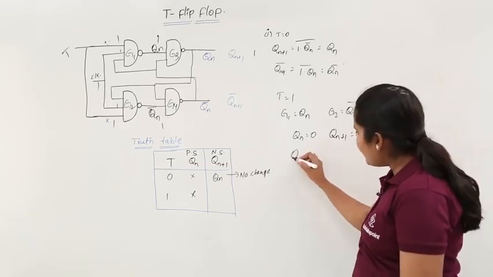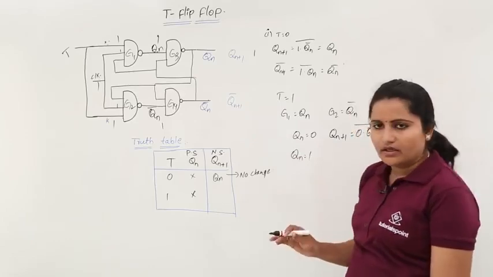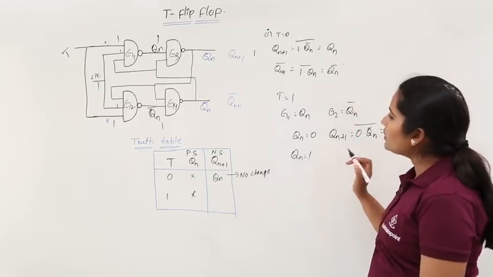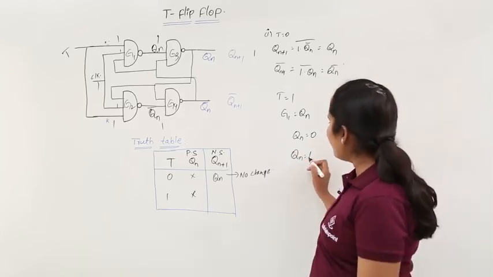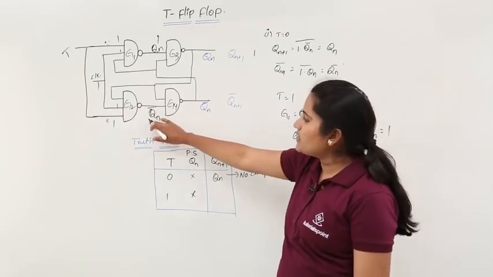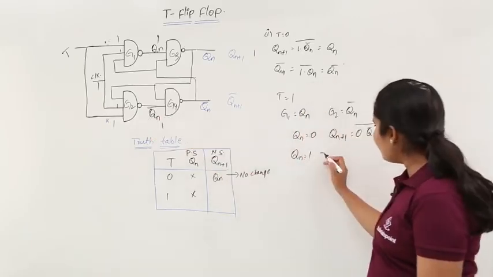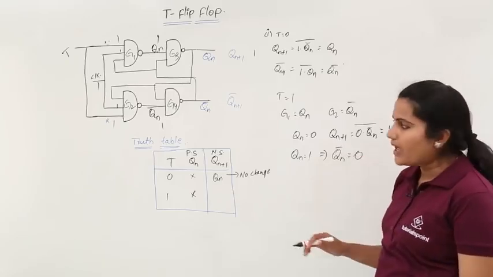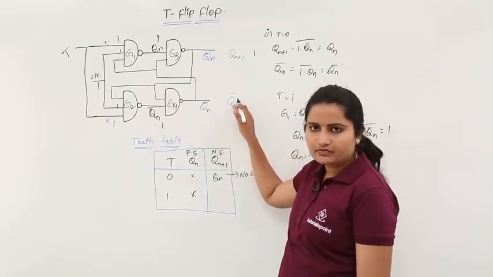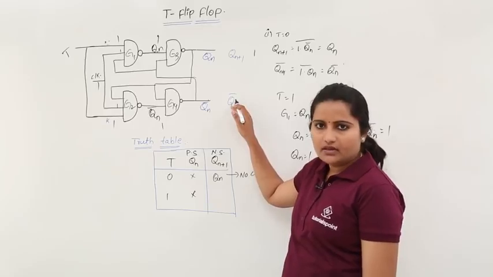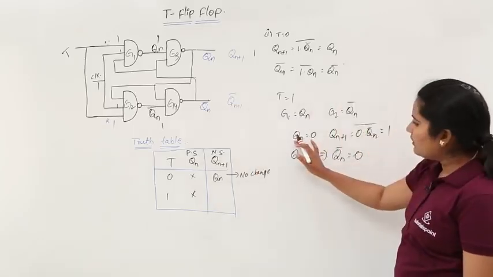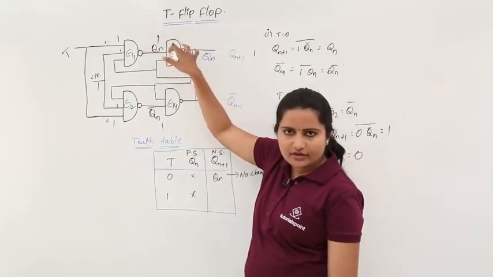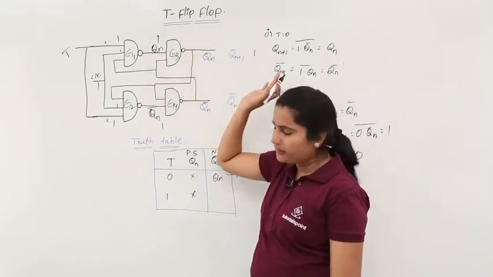Now, for example, if Qn is 1, you can see this port, Qn bar is equivalent to 0. I am operating this port because this is easy. So, see here, when Qn equal to 0, it is better to operate this gate because 0 into anything, 0 bar you can take 1.